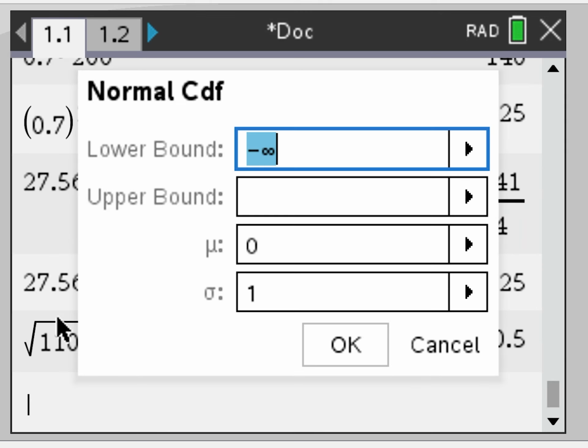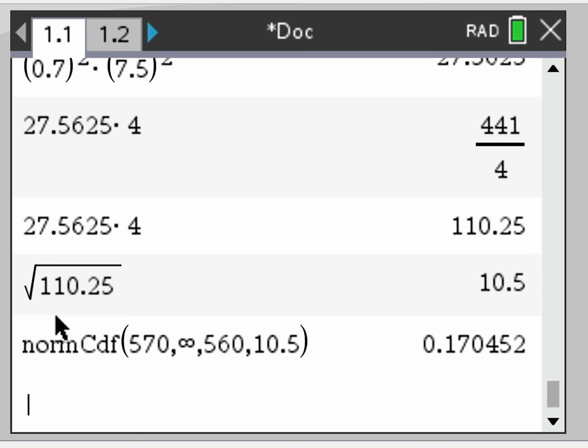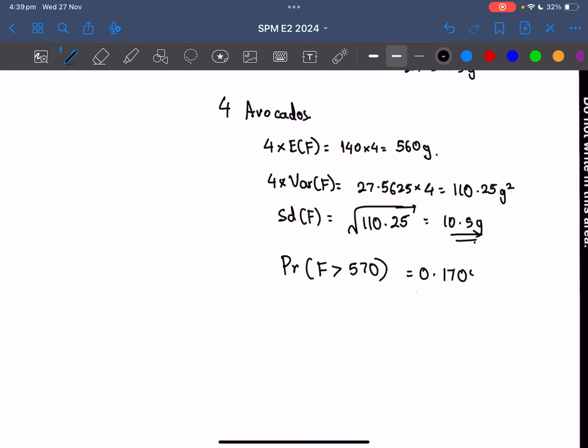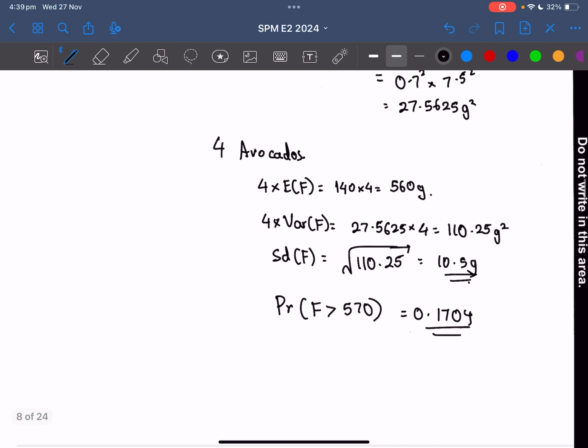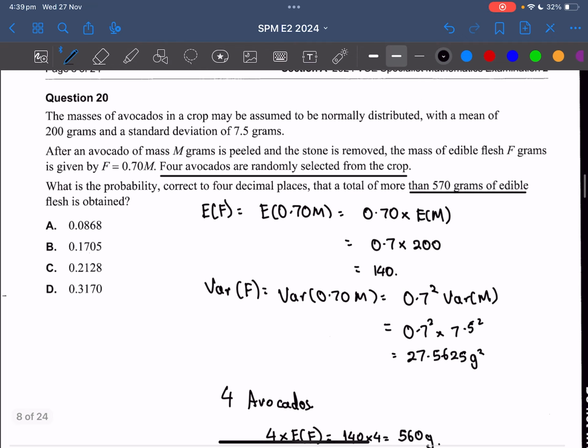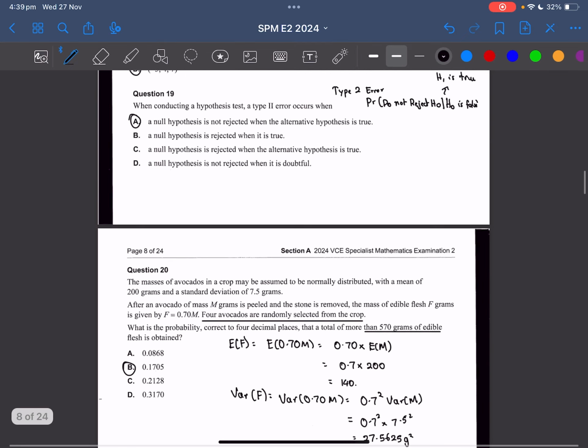Our lower bound is 570, upper bound is infinity. Our mean we calculated was 560 grams, and standard deviation was 10.5. So we get 0.1704. Yeah, option B.